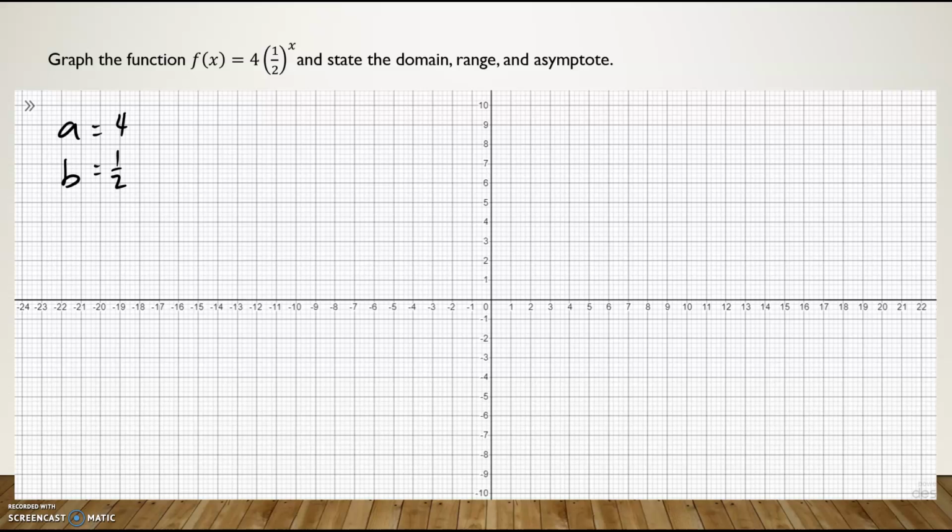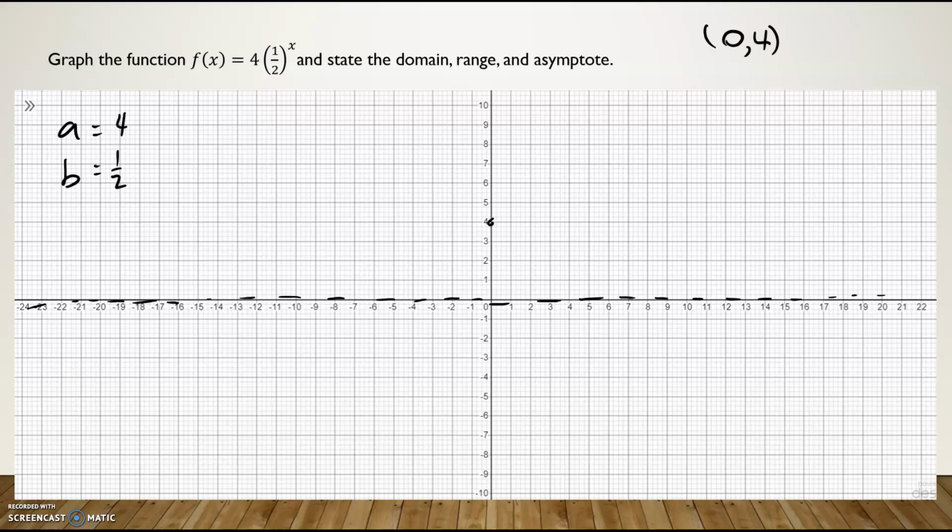Okay, so we have a key point, and I'll write it over here, 0, 4. Also notice that it hasn't been shifted up or down. We don't have a plus or minus some number, say 3. We don't have that. So our horizontal asymptote is still y equals 0, which is the x-axis. So we'll get that in there.